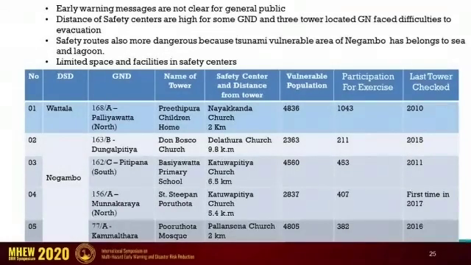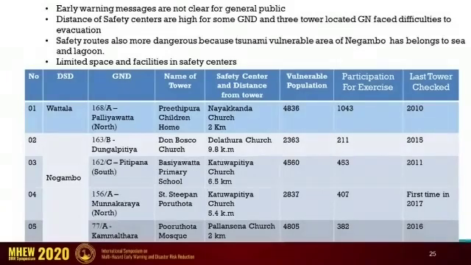And there is the distance from the evacuated GN division to the safety center. In some areas it is very far from the GN division to the safety center. Another important thing is that the Negombo site is located on a narrow bed, and it belongs to the Negombo lagoon and the sea.